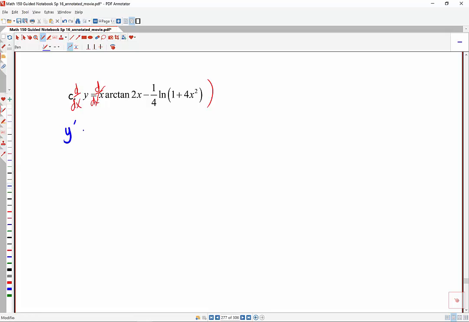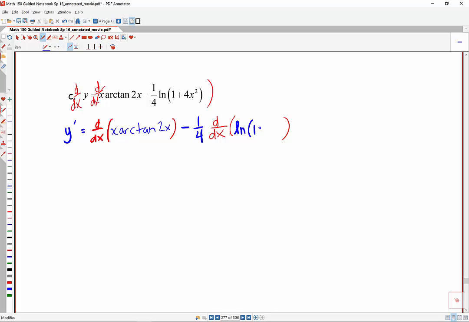We'll have d dx of this product, x times arctangent at 2x, and then that's going to be minus 1/4, I'll bring that constant out, times d dx of 1 plus natural log at 1 plus 4x squared.